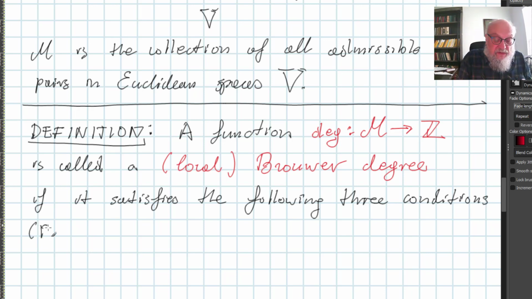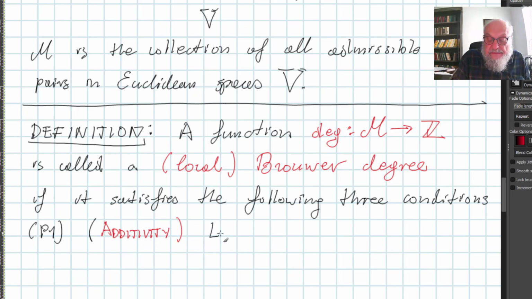Call this one P1, or property. The first one is called additivity.